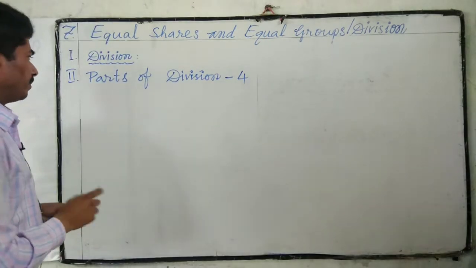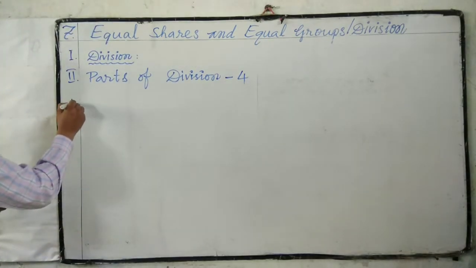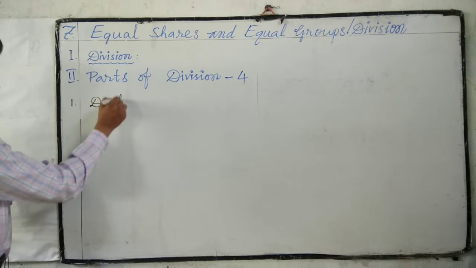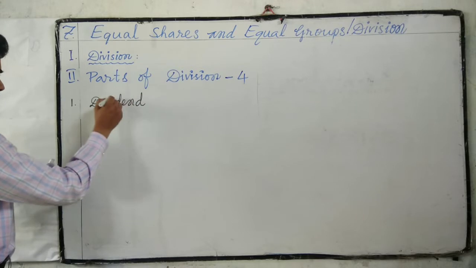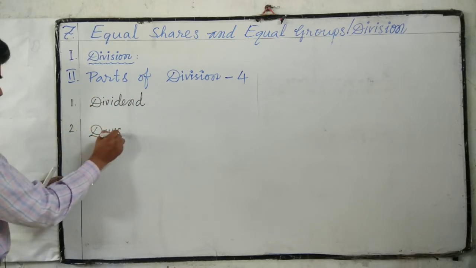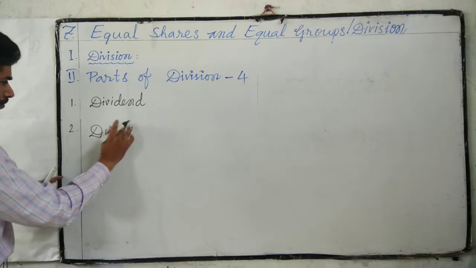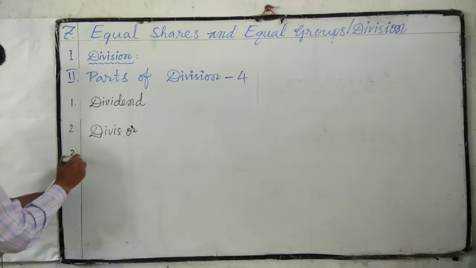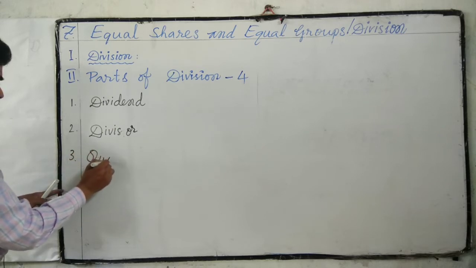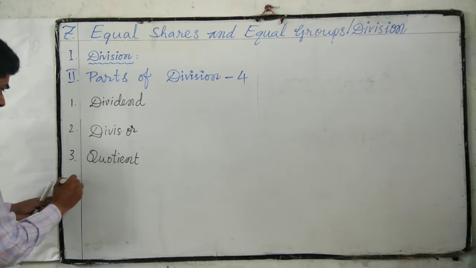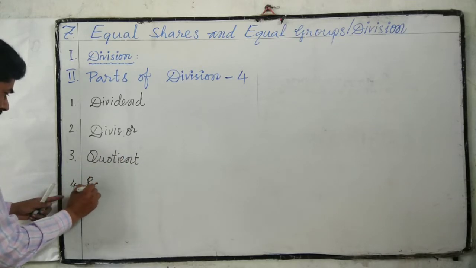They are dividend, divisor, quotient, and remainder.